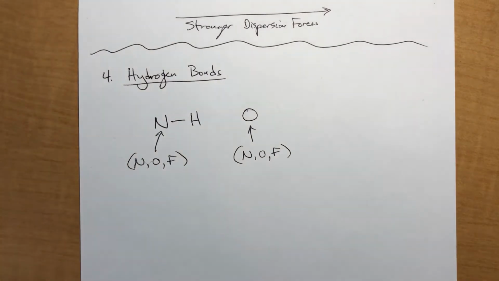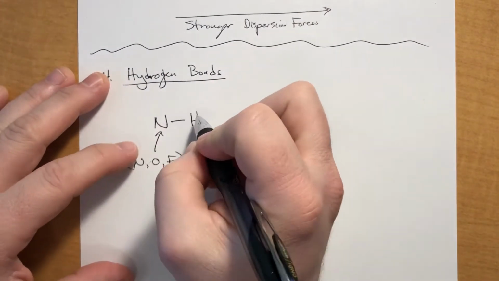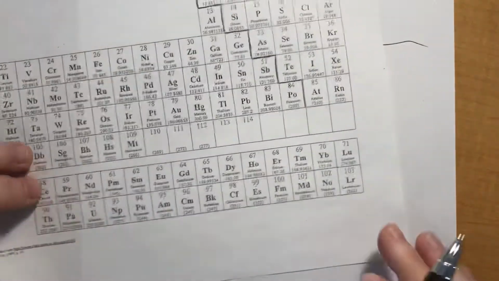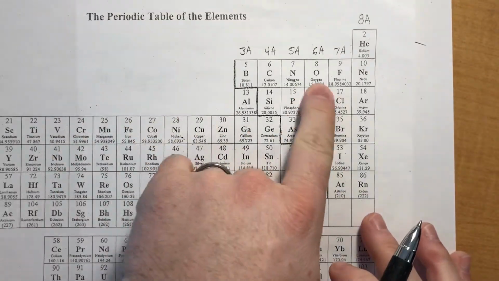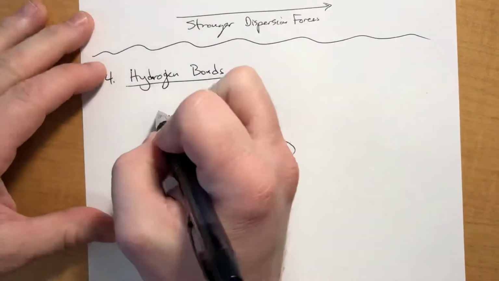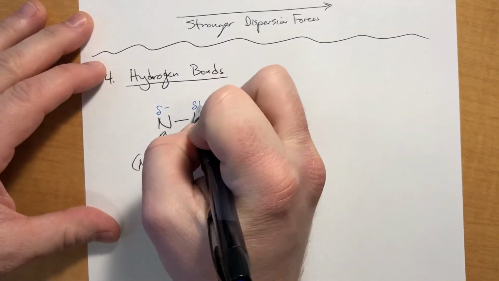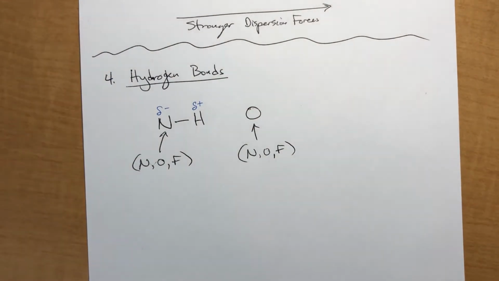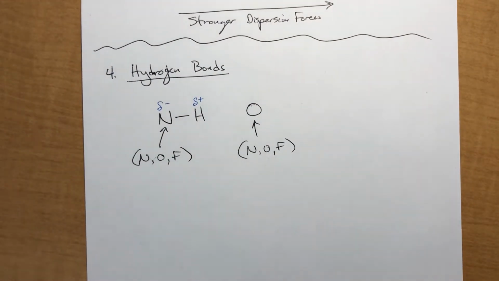What's going to happen is these atoms are electronegative, and hydrogen is very electropositive. So we're going to end up with a partial negative here and a partial positive here. Not unexpected, stuff we talked about last semester if you had me, and if you had somebody else, hopefully you still talked about it.